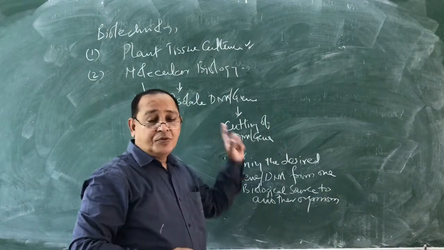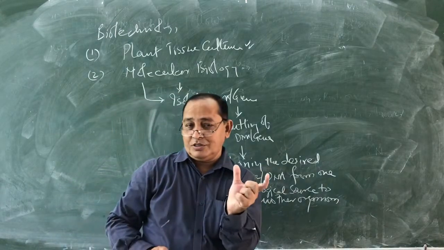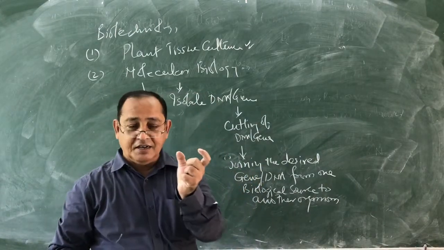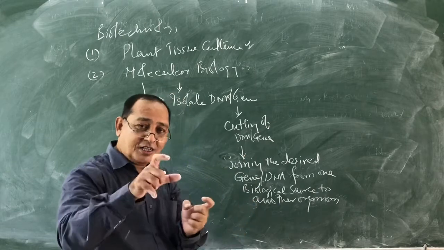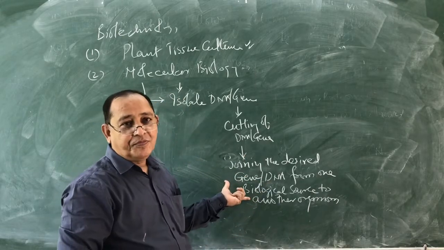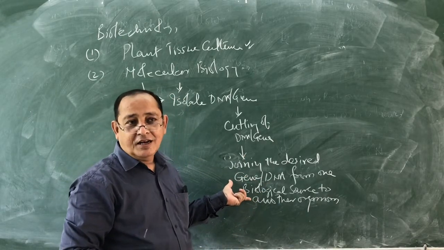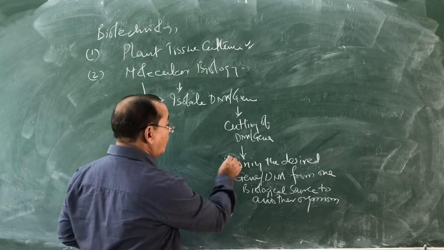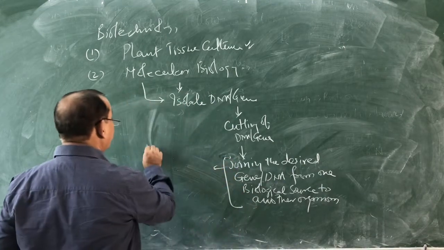DNA from one biological source, study, cut, amplify and join the DNA to a different DNA. And this is called recombinant.